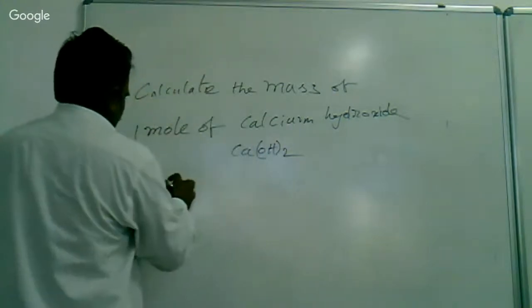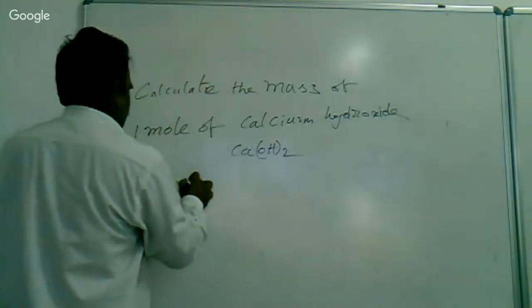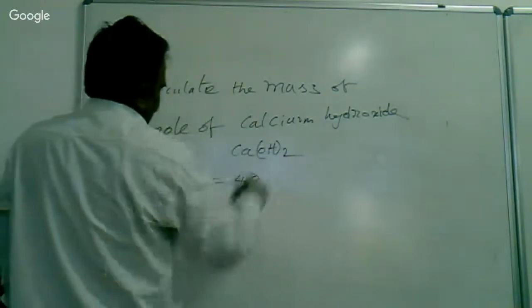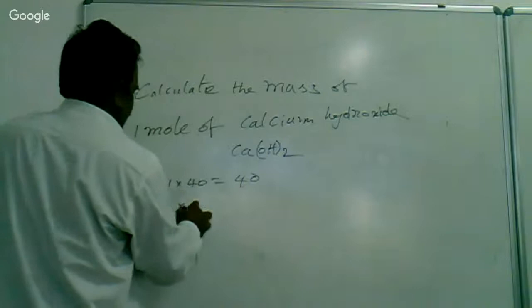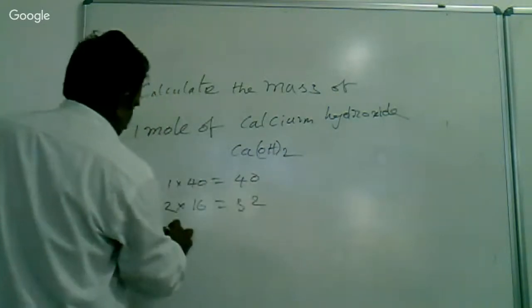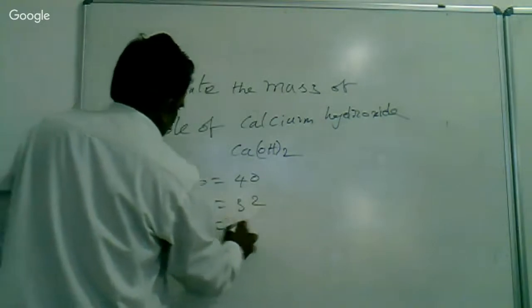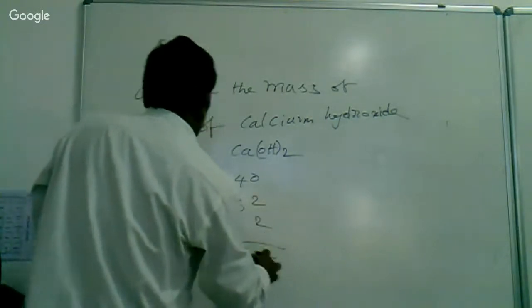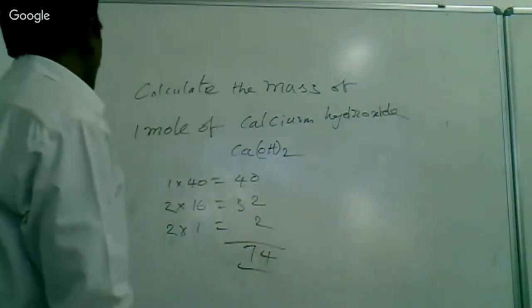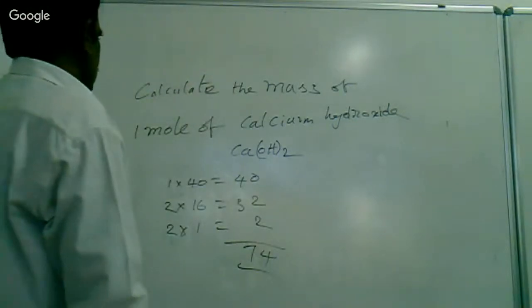So the calcium atomic weight is 40. 1 into 40 is 40. And there are 2 oxygens and 2 hydrogens. So 2 into 16 is nothing but 32, and 2 into 1 is nothing but 2. So 74 is the calculation.